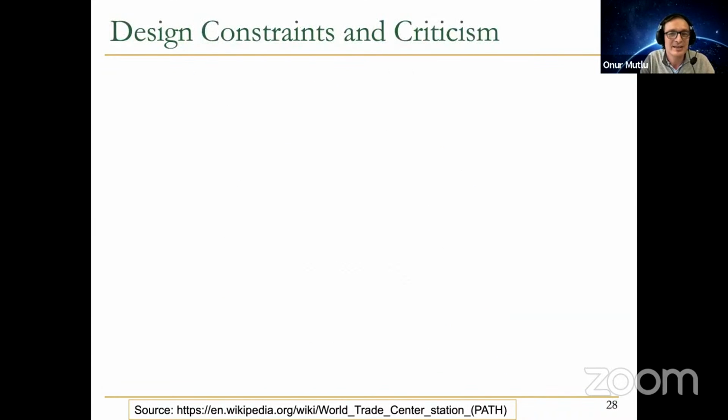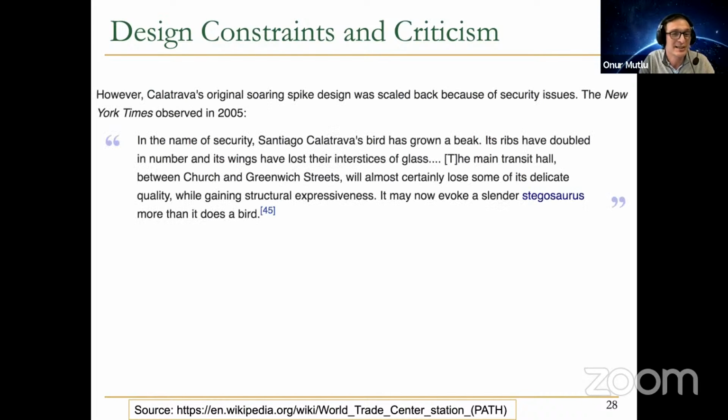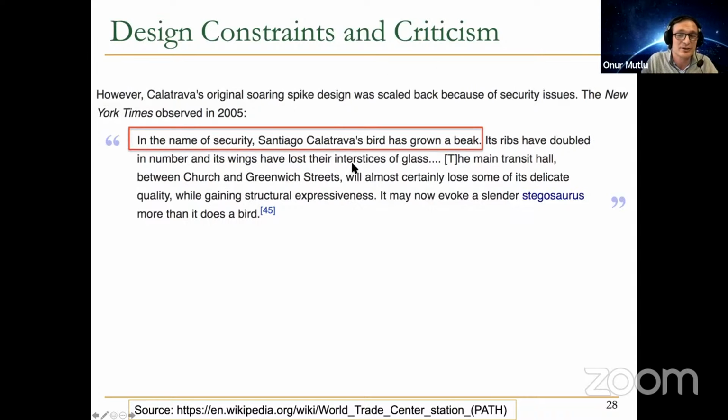The strength is seen as breathtaking, but clearly there's criticism also, and partly the criticism comes from the design constraints. You can see that Calatrava's original soaring spike design was scaled back because of security issues. So you can see security being a problem even in real architecture, obviously. And in the name of security, Santiago Calatrava's bird has grown a beak.